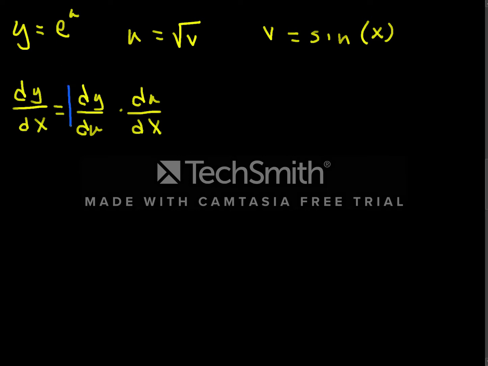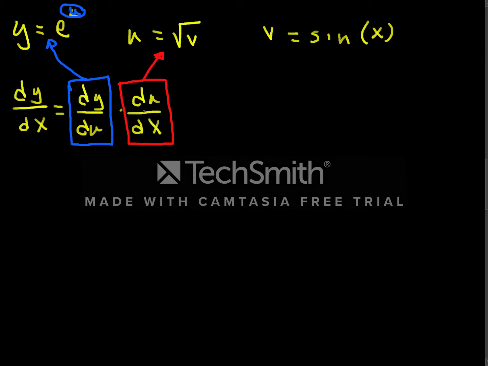This dy du, the derivative of y with respect to u, we're in good form because y is a function of u. Now, on the other hand, we've got here du dx. But if we look at u, it's not a function of x, it's a function of v. So this tells us that we need to break open this derivative one more time because v is a function of x.